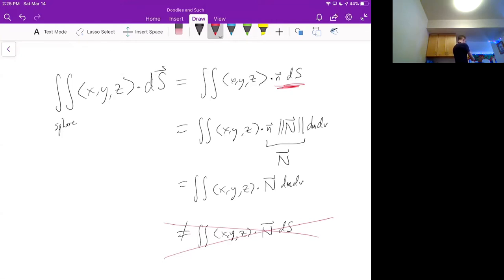Okay, so knowing that we have 4a, which told us that the flux of the gradient through a level surface has to be non-zero, how could we show that x, y, z doesn't have a vector potential? That's 4b.